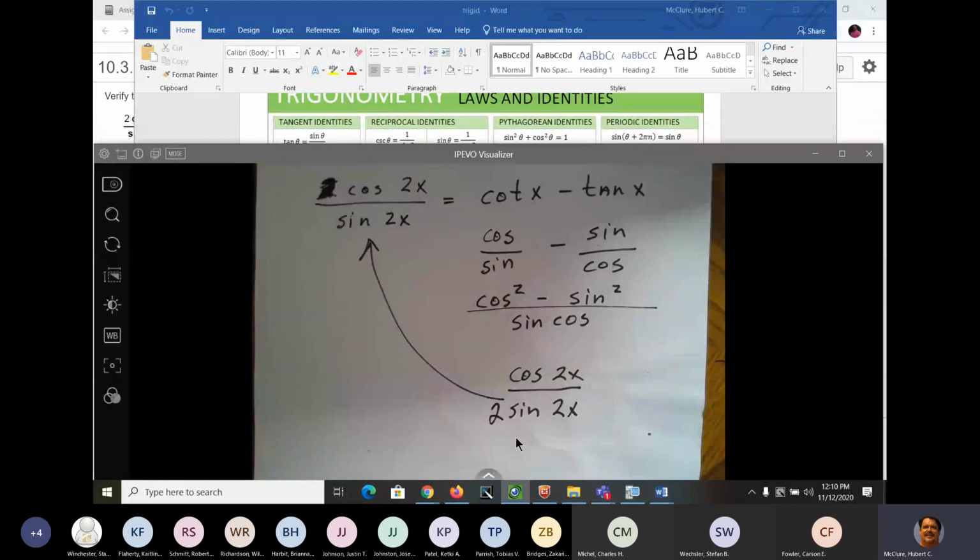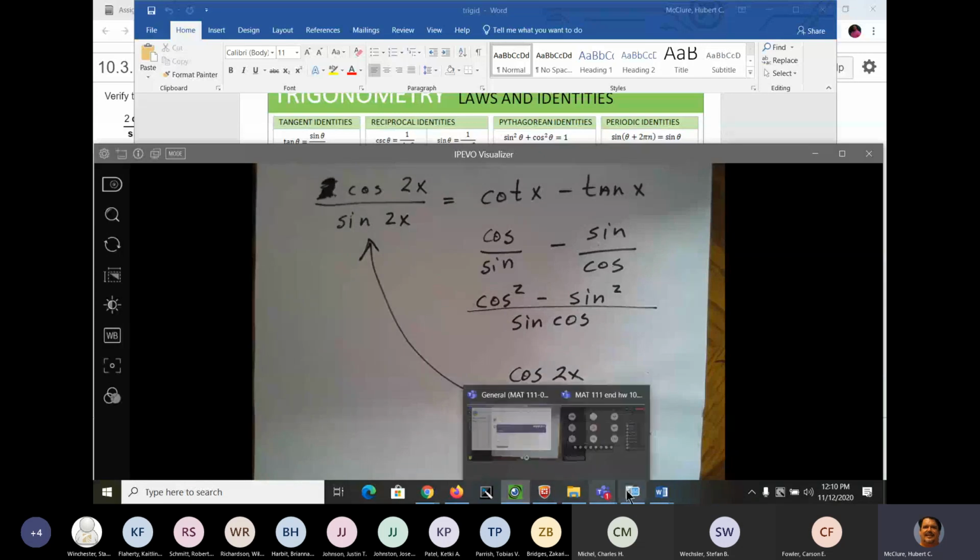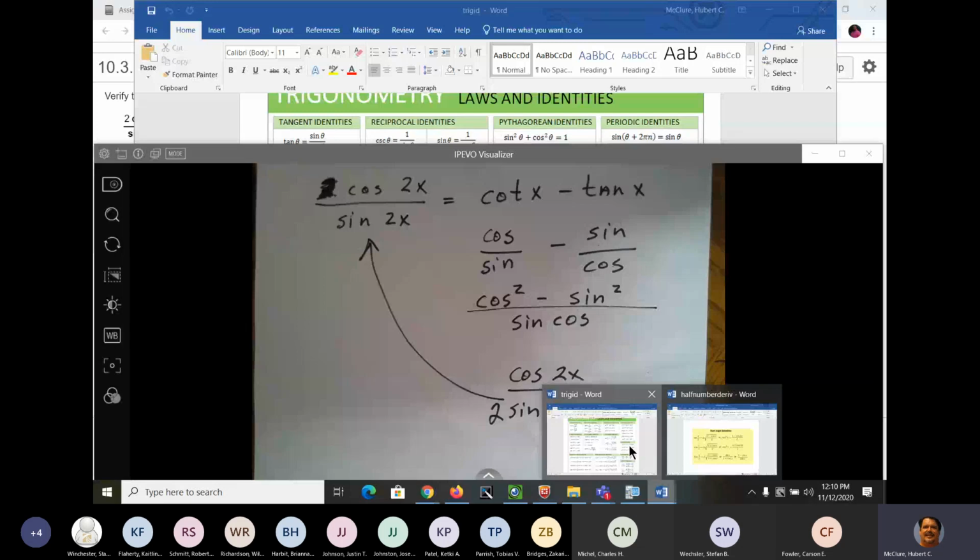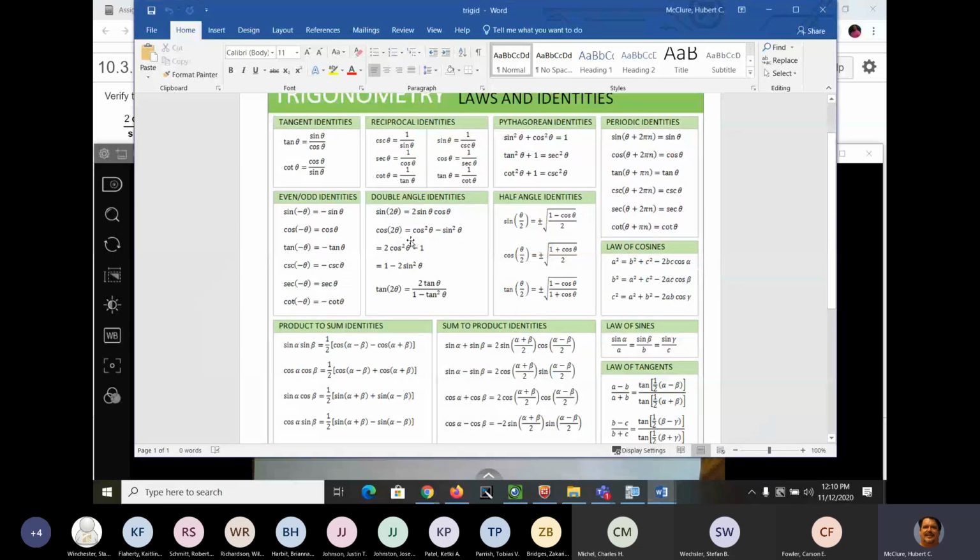Sine, cosine. Sine will go into sine, cosine squared, sine squared. Cosine squared minus sine squared should be 2 theta. Cosine of 2 theta. And then I've got sine of 2 theta equals sine. Wait a minute. No, I've got something messed up somewhere.